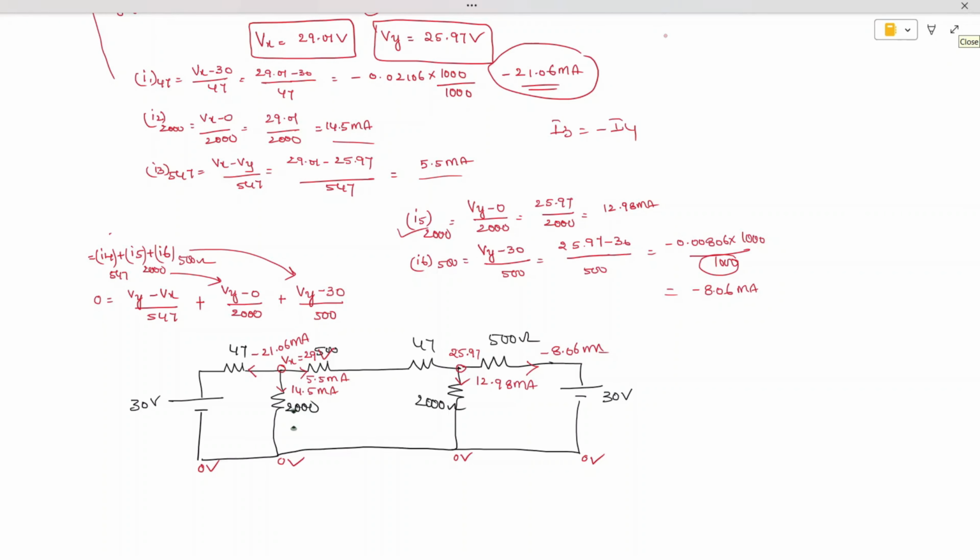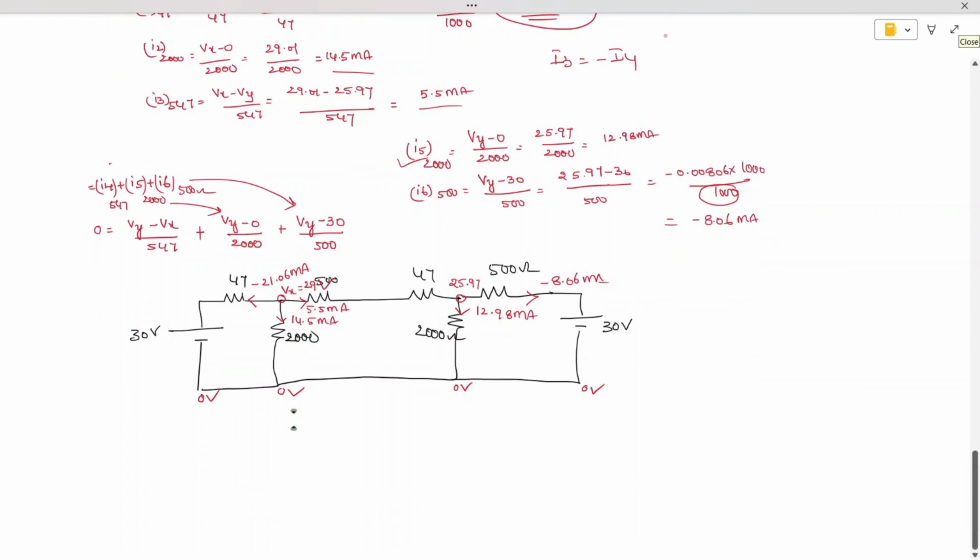Now let's try to find the voltages also. What is the voltage drop across 47? The current is minus 21.06 milliamperes into 47. When you compute, you get minus 1 volt. We need to find the voltage across 2000.